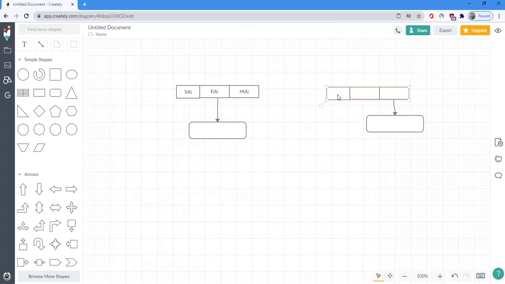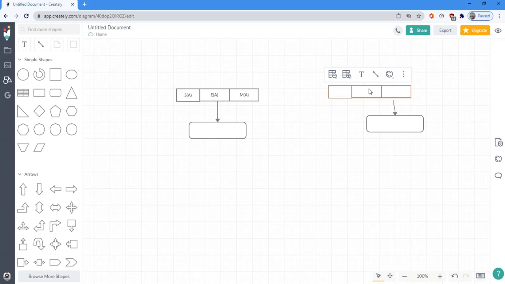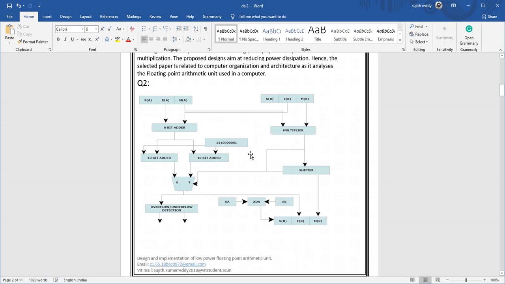So let's say SB, and EB, MB. Here from MA to the multiplier there is an arrow, and from EB to the 8-bit adder.